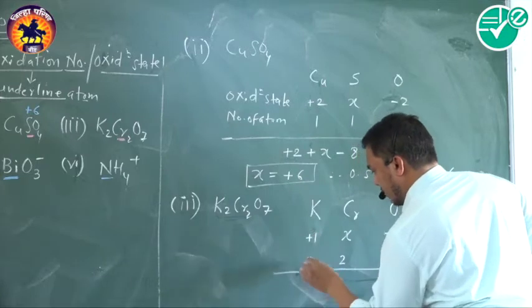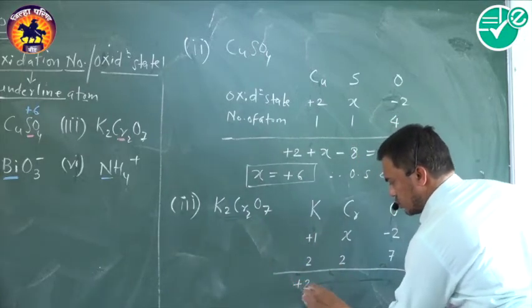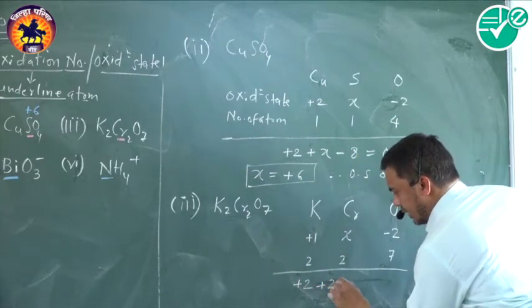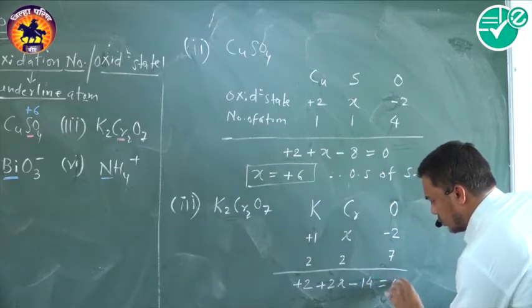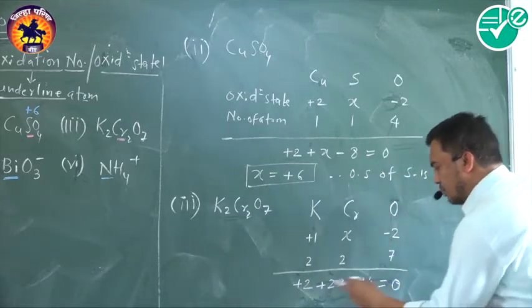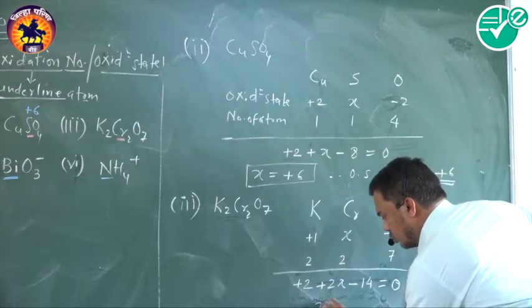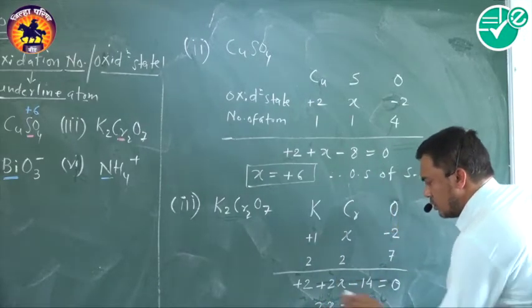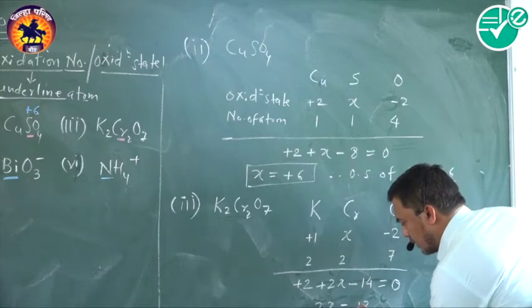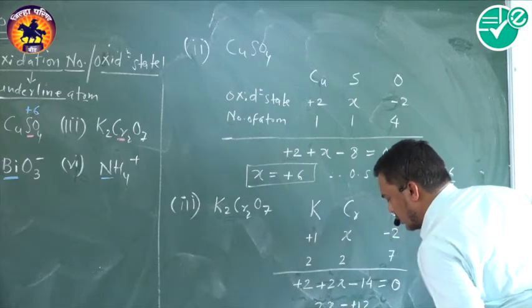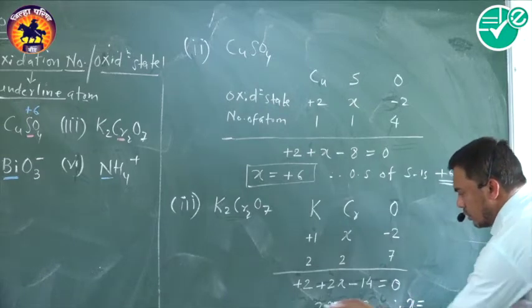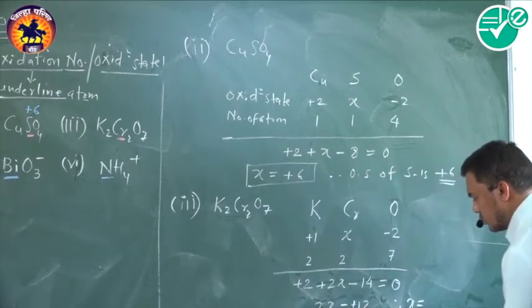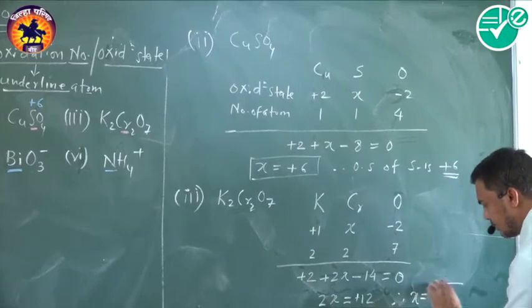Add all together: plus 2, plus 2x, minus 14 is equal to 0. Now simplify. You will get 2x is equal to plus 12. Therefore, x is equal to plus 6.